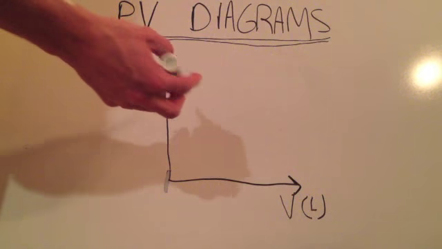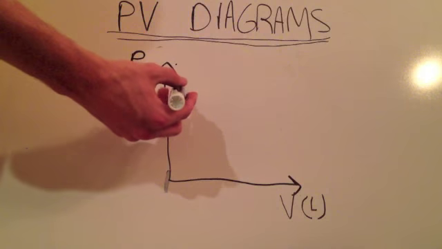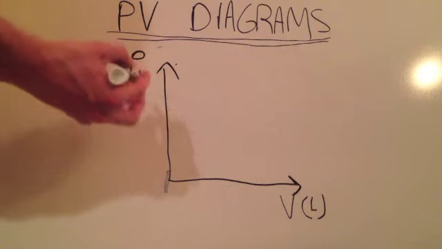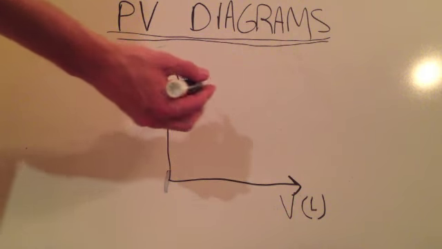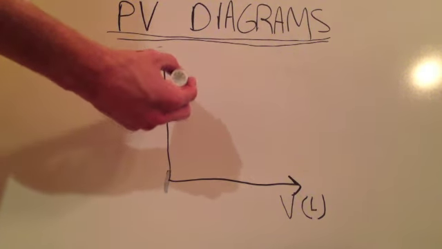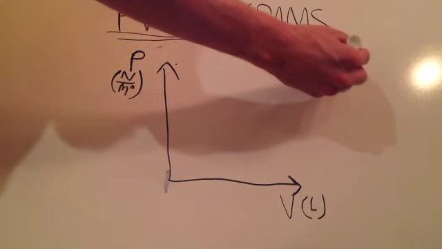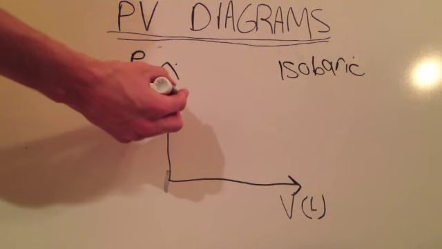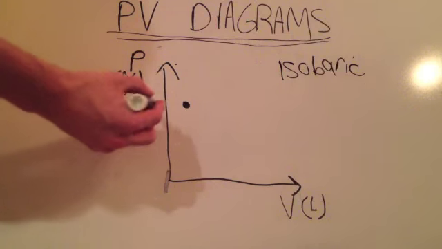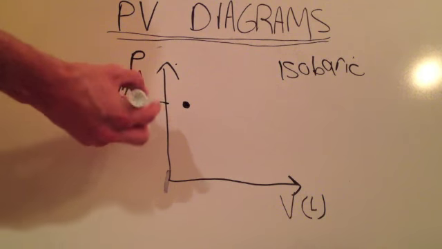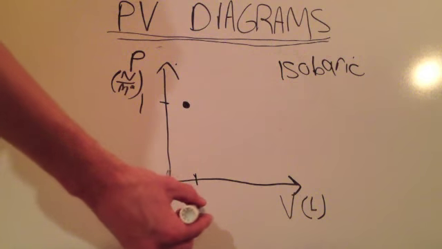One of the processes that I'm going to talk to you about today is called isobaric, and that is when the pressure remains constant. And you can remember that because pressure is measured in bars, so it's isobaric. And to represent this on the diagram, you can draw your first point, which can just be 1 Pascal and then just 1 liter.